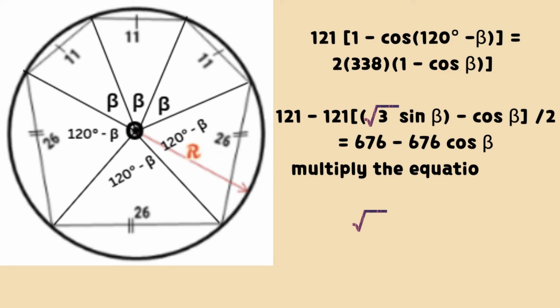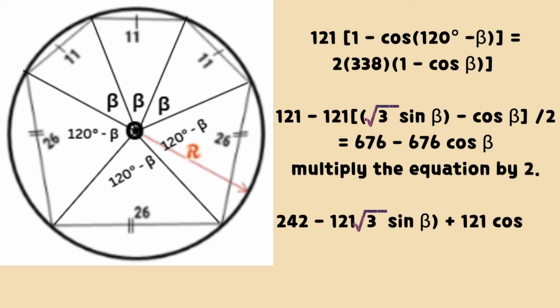Multiply the equation obtained by 2 to clear the fraction. Our new result is shown on the screen. Combine like terms.